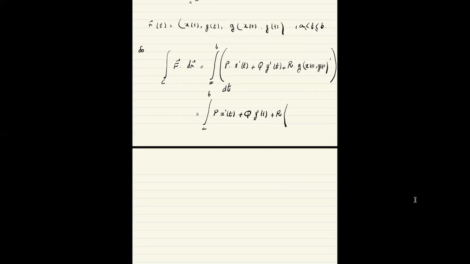Now, this is a function of two variables, and each variable is now a function of one variable. So if you apply the chain rule, this is going to give you the partial derivative of g with respect to x times dx/dt plus the partial derivative with respect to y times dy/dt.